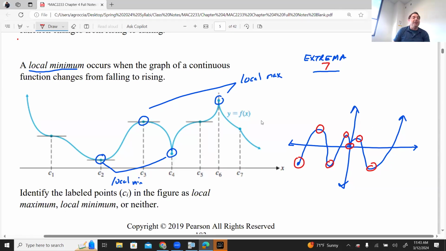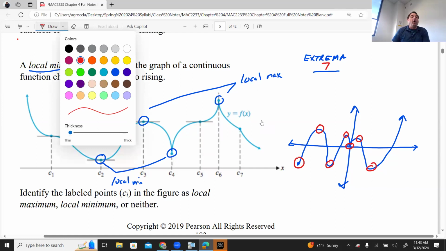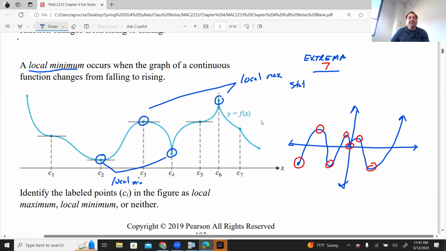Those highs and lows, instead of just saying all extrema, I'm going to give you categories. Those categories are stationary, singular, and endpoints. We're going to get into big detail about these today, but these are the types of extrema that will show up.